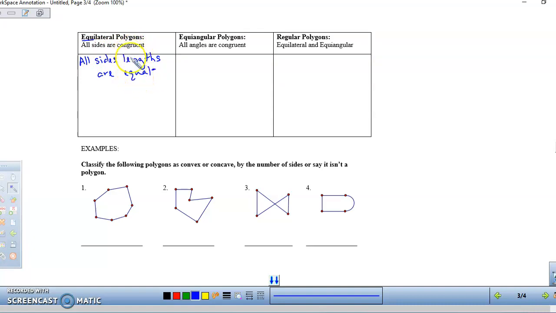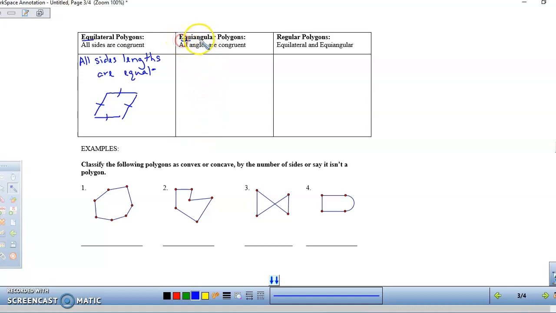You got to keep that stuff straight. Okay, lateral meaning sides. You just draw a polygon that has congruent sides, so like a rhombus, like that. All four sides are congruent.